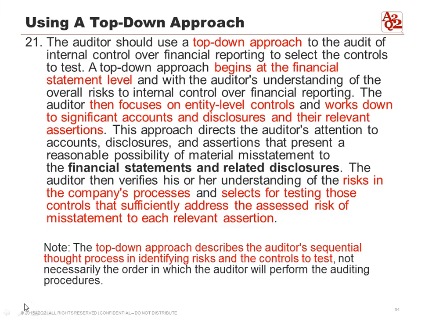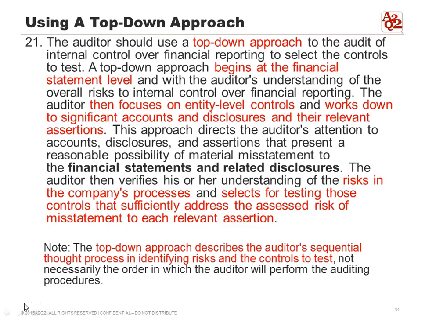Next part of it is the risks in their processes, right? So now you have significant accounts, disclosures, and the assertions. Then we look at the processes. So in the case of cash or AR, AR is generally around the order to cash process. Cash also overlaps with the procure to pay process.